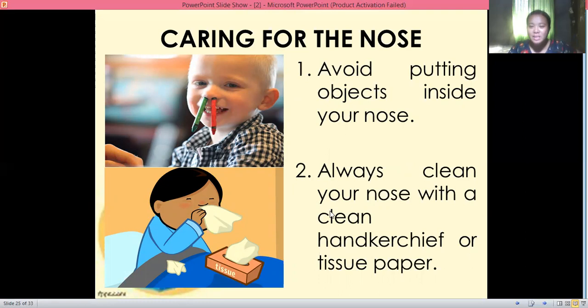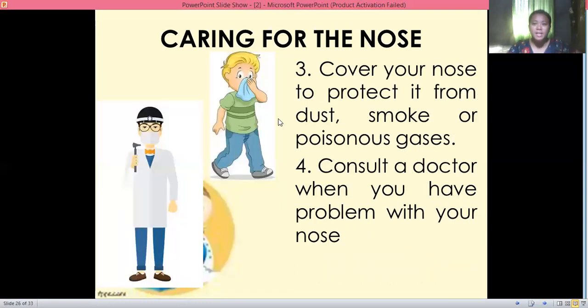Number 2, always clean your nose with a clean handkerchief or tissue paper. Number 3, cover your nose from dust, smoke, or poisonous gases. And number 4, consult a doctor when you have a problem with your nose.